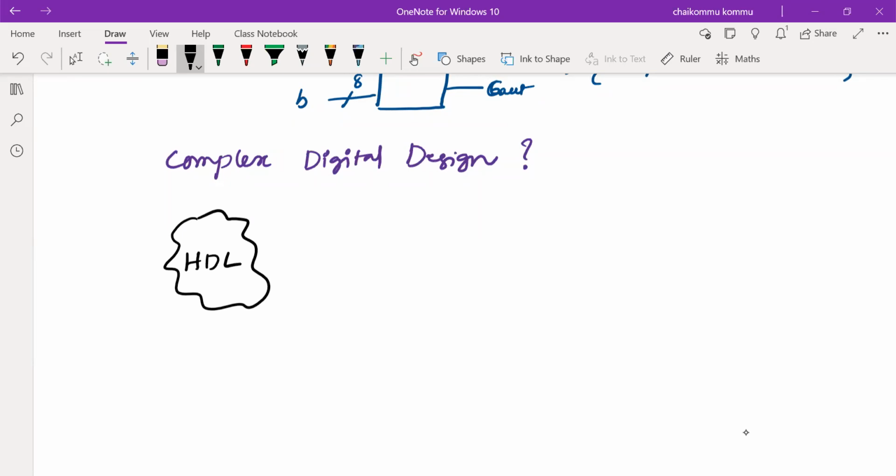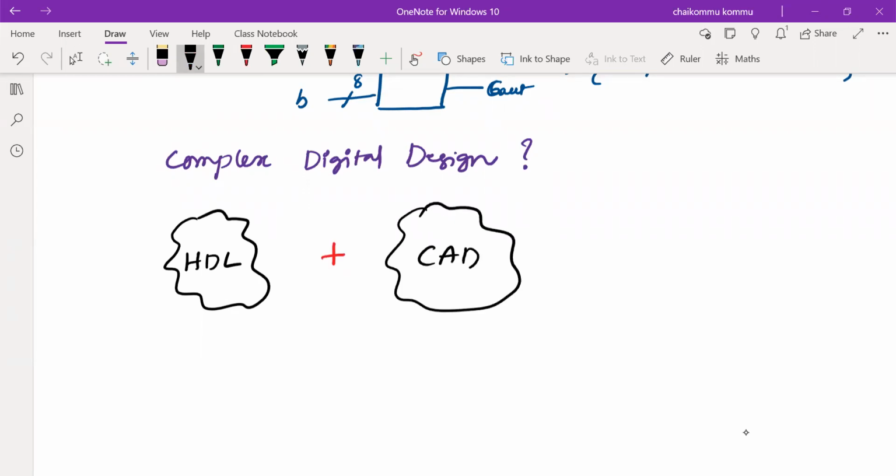If you have a functionality, that functionality must be represented in the form of a language. Earlier it was represented in the form of a truth table, but here it is in the form of a language. Clear? And with the help of this, we have to use computer aided design tools, CAD tools.